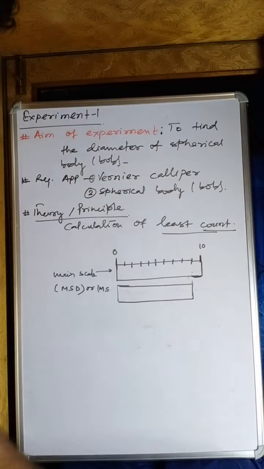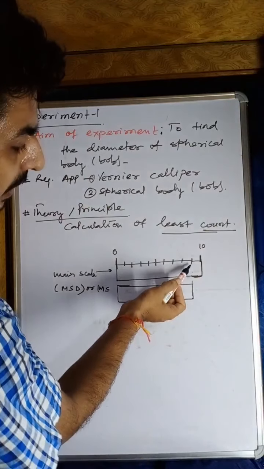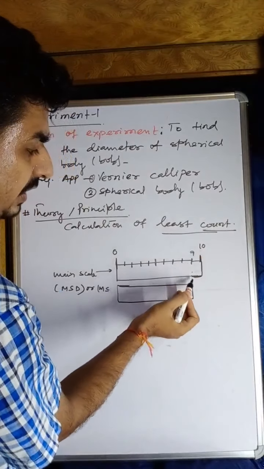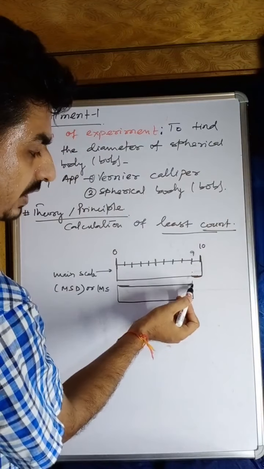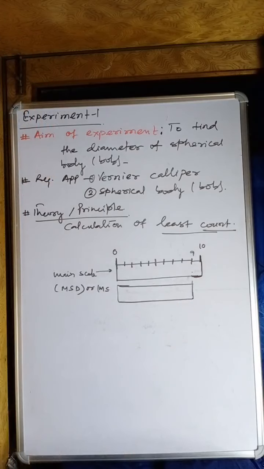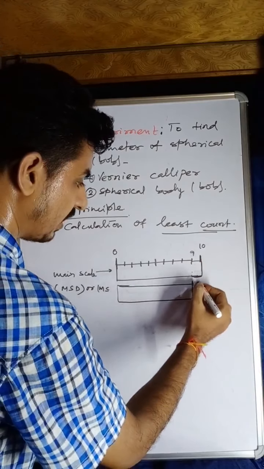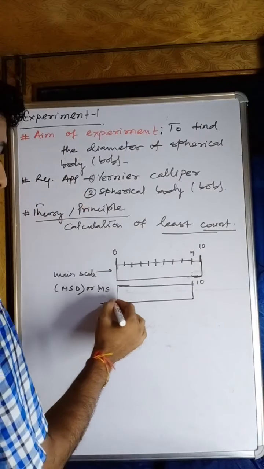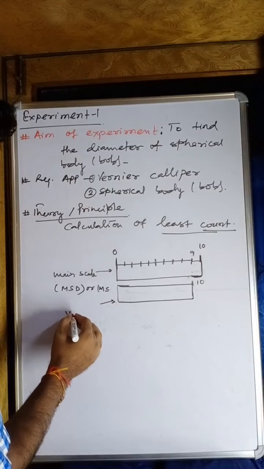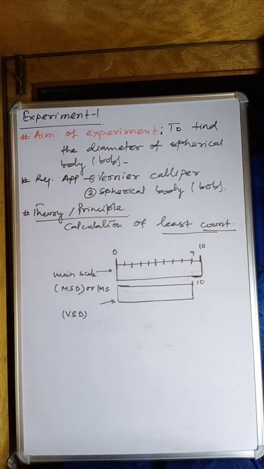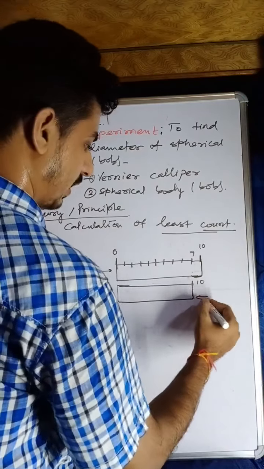So this is the 10 divisions. With the parallel line of the 9th division, I am showing here the vernier scale, the full scale. So 10 divisions of this vernier scale, this is our vernier scale division. Okay, and this is called the vernier scale.